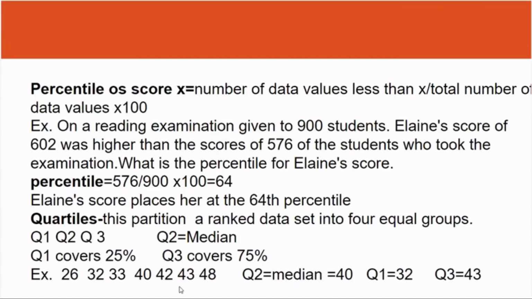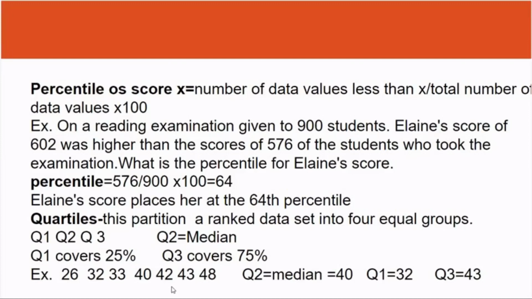The value times 100 is 64. Therefore, Elaine's score places her at the 64th percentile. This means Elaine's score of 602 is at the 64th percentile of their total population.